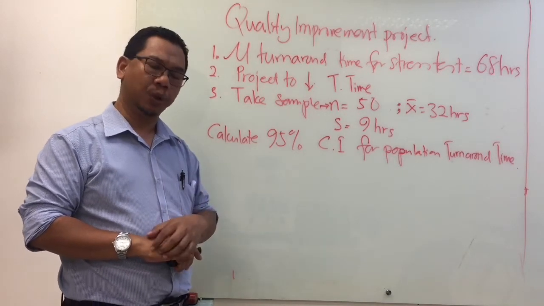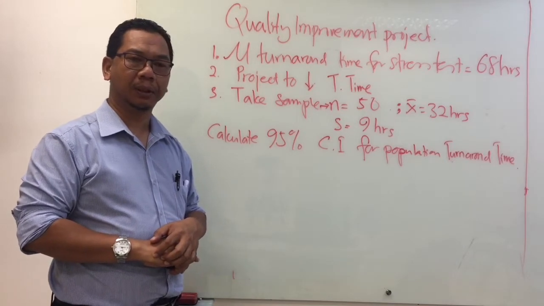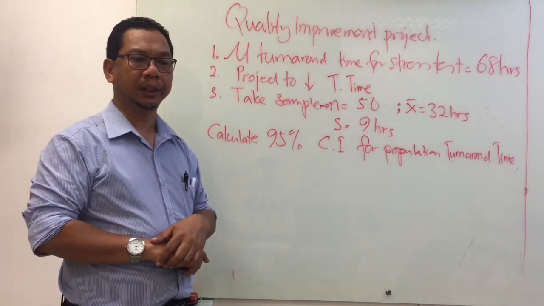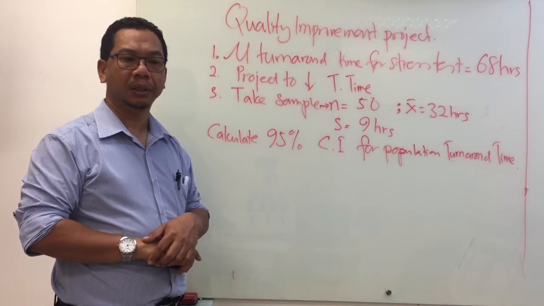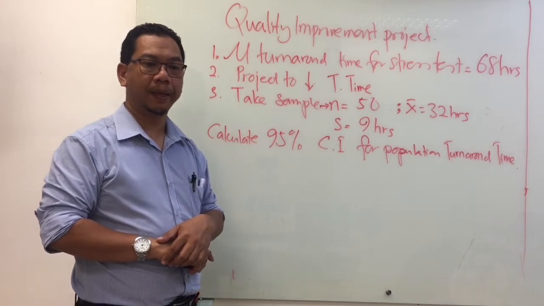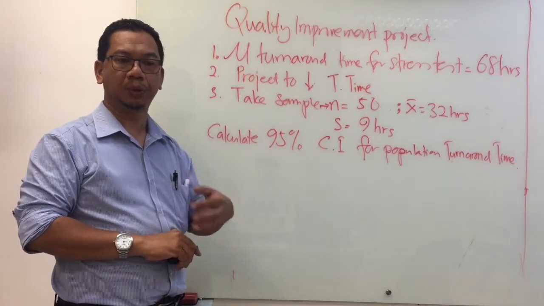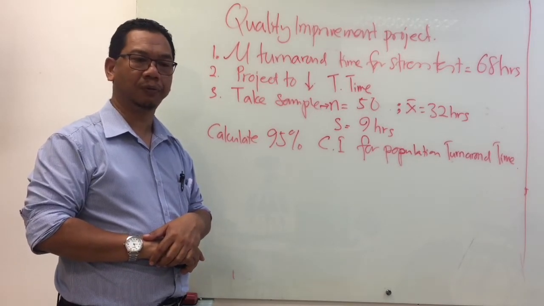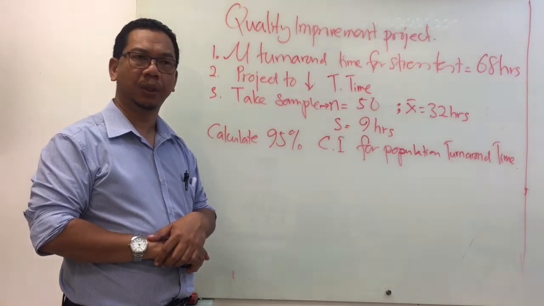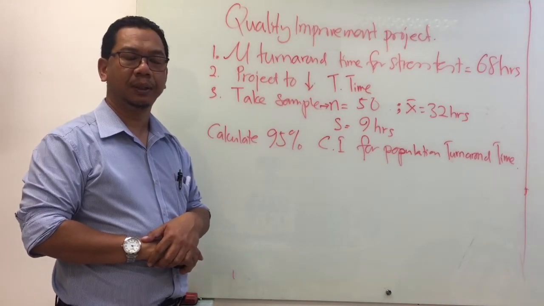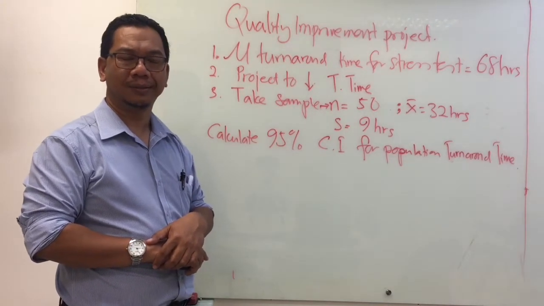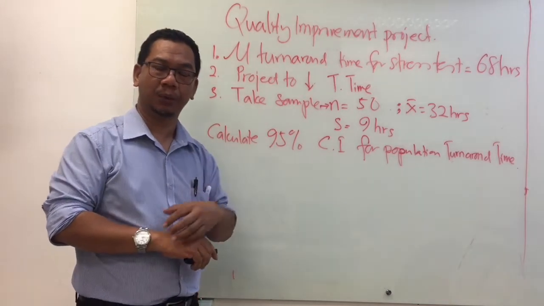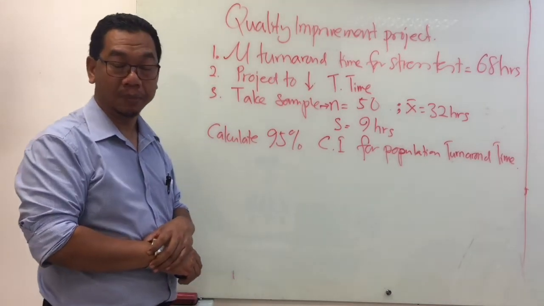But before we proceed, let's be aware of the first assumption: the population is normally distributed. If the population is not normal, we have to use a large sample. And because the standard deviation of the population is unknown, we have to use the T distribution, not the Z distribution.